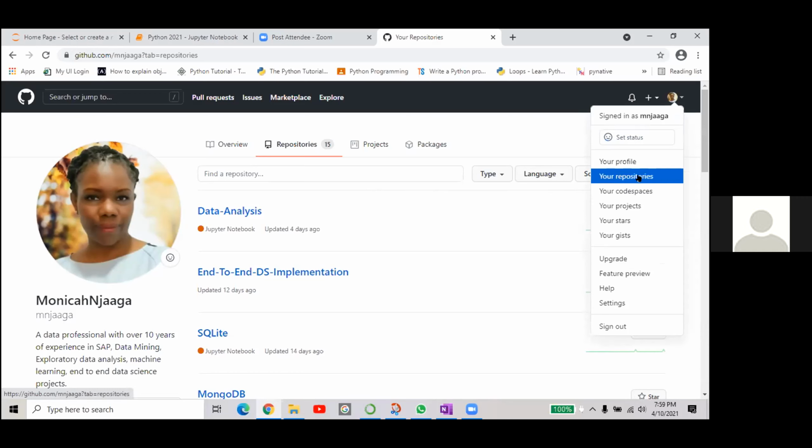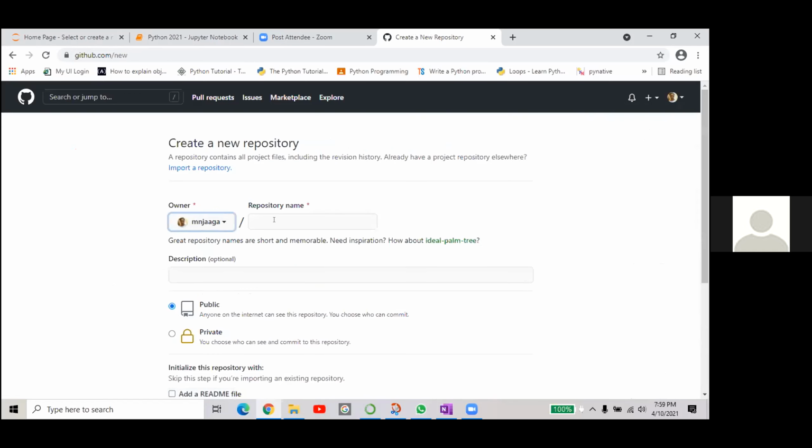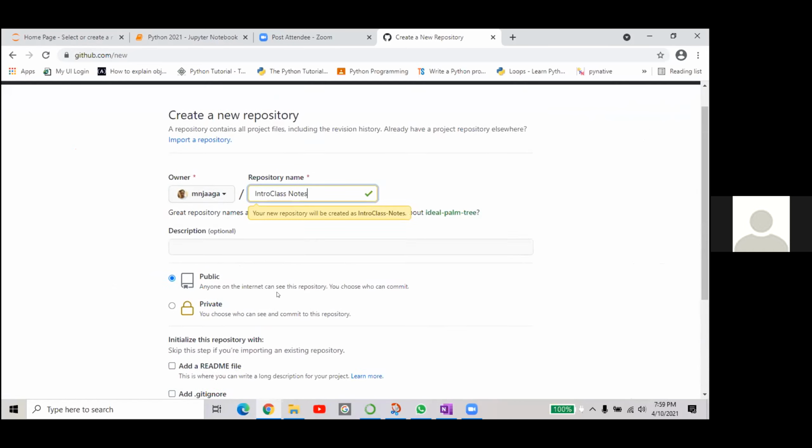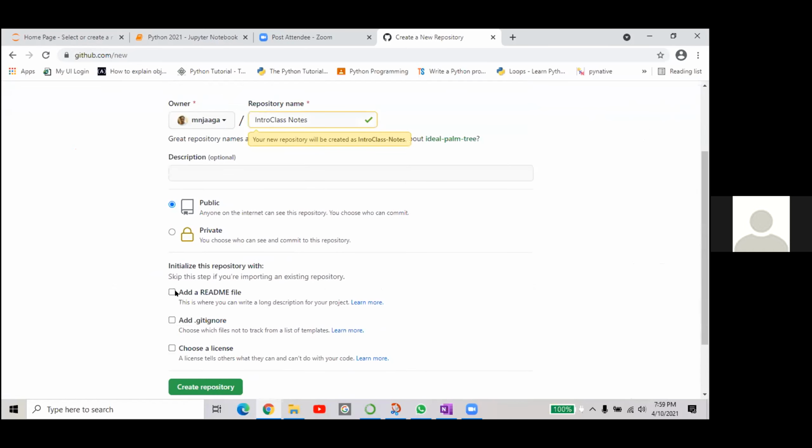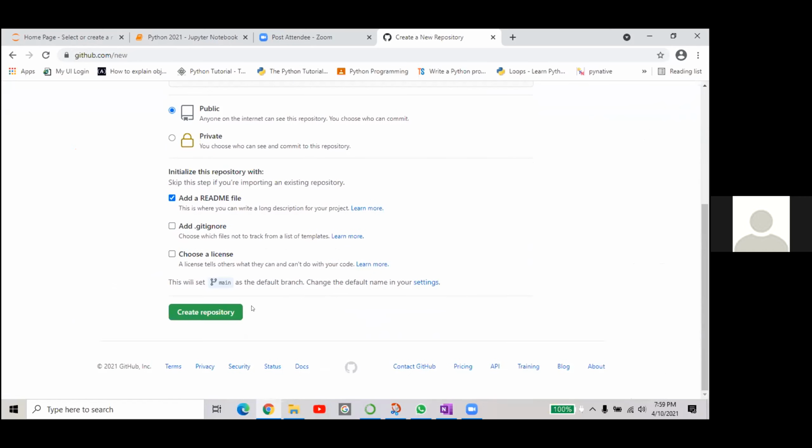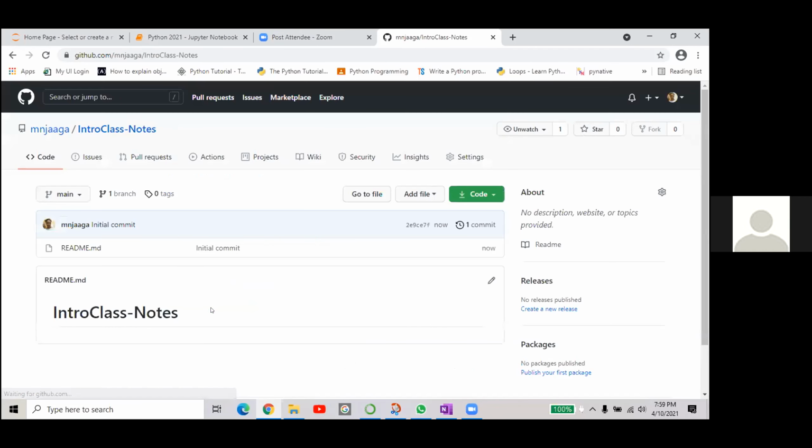It's right here after your account is set up, because I don't have any folder. Let me call this intro class lessons or notes, and then I'll make it public, and add a README file because I want to explain exactly what it is. Then I'll go and create the repository.